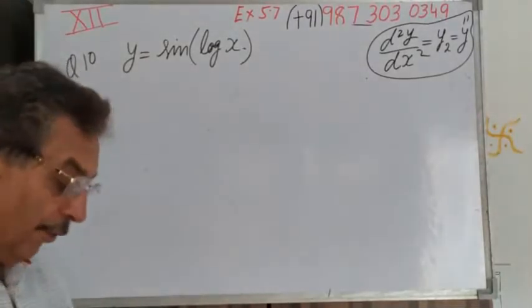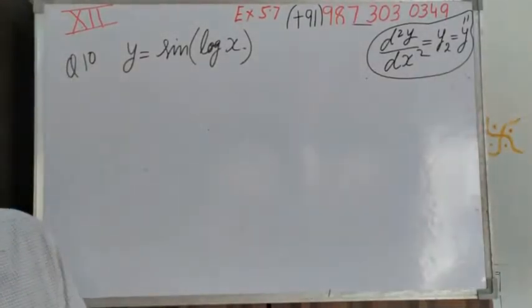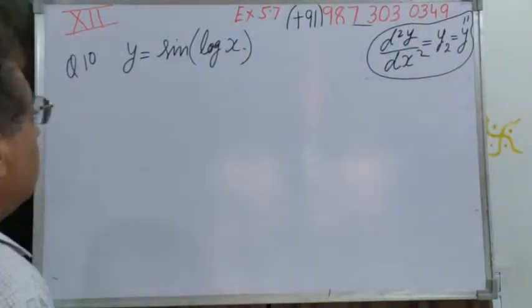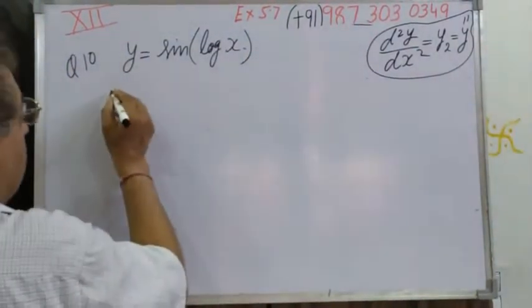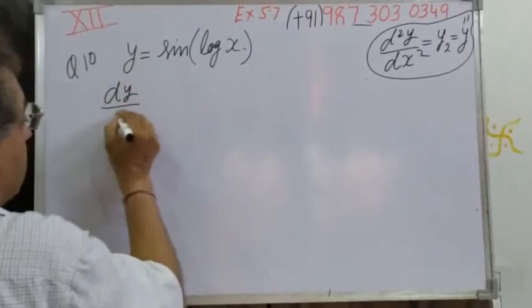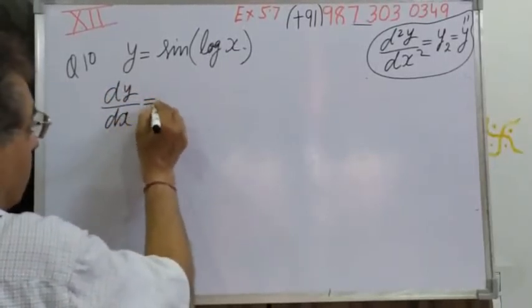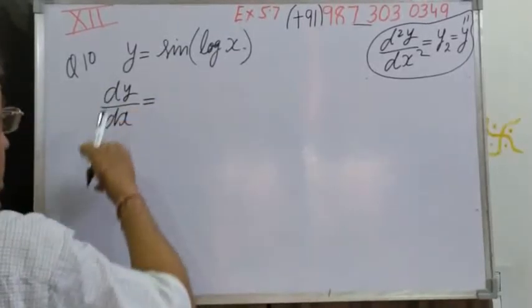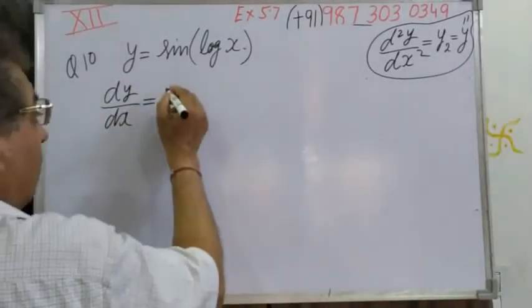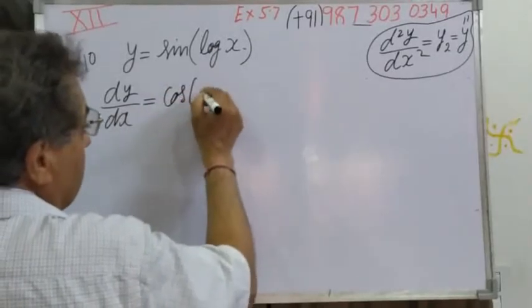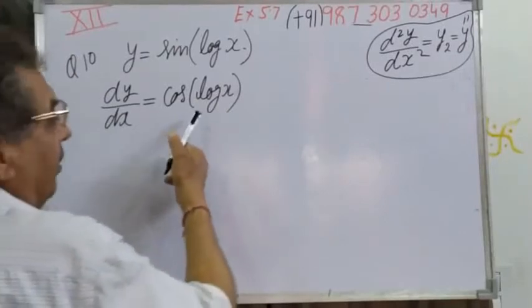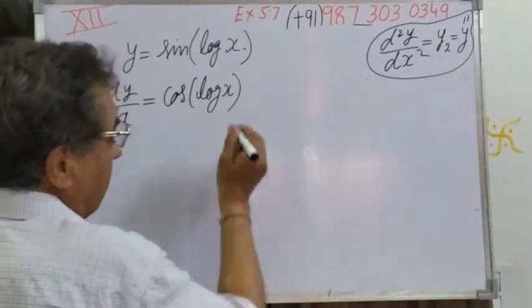It is not a product of two functions. It is sine of log x. So now, how to differentiate? First of all, the first derivative, dy upon dx, is the derivative of sine, which is cos log x, into the derivative of log x by the chain rule method.